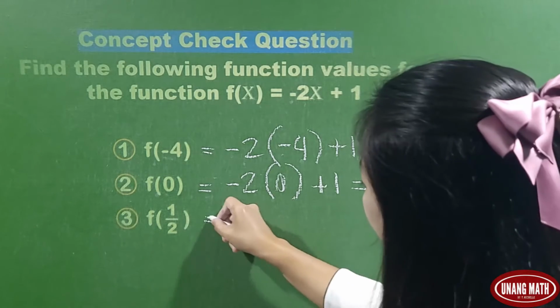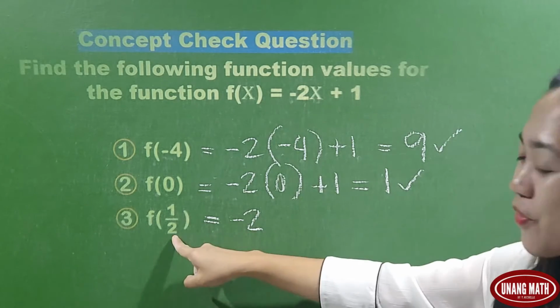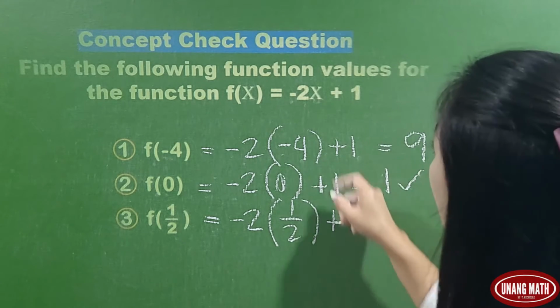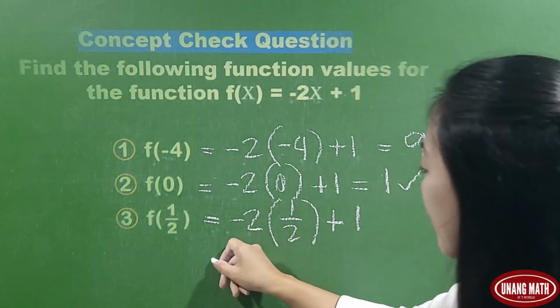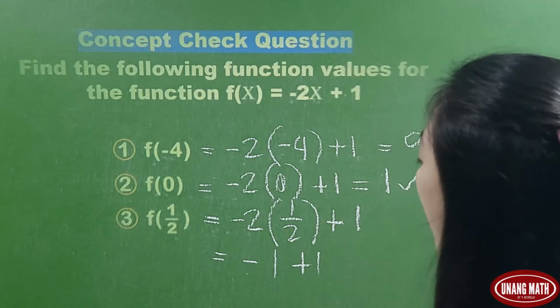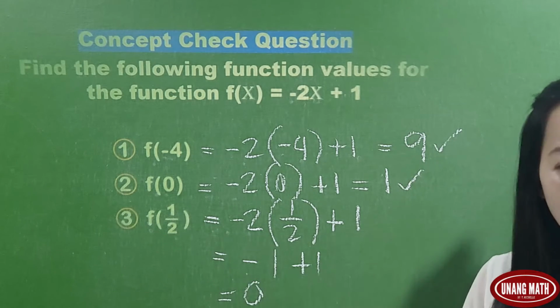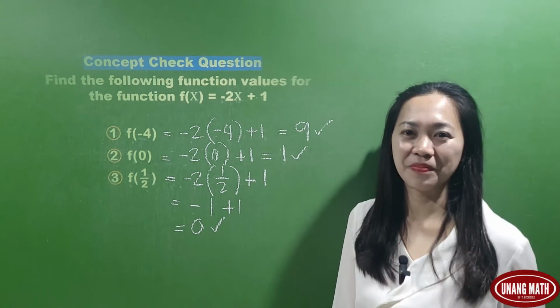So f of 1 half would be equal to negative 2 times the value of x, which is 1 half, so times 1 half plus 1. So negative 2 times 1 half would be equal to negative 1. So negative 1 plus 1, then that's equal to 0. So it means f of 1 half is equal to 0.